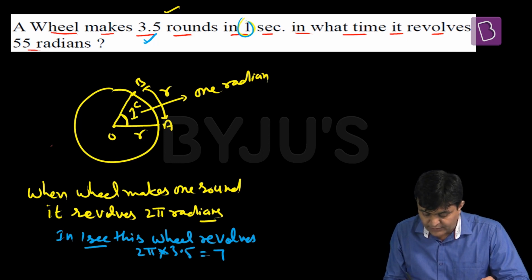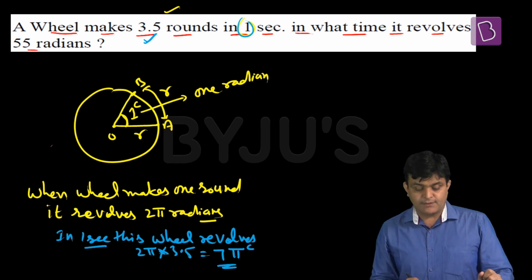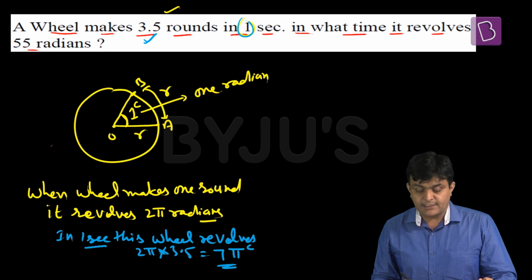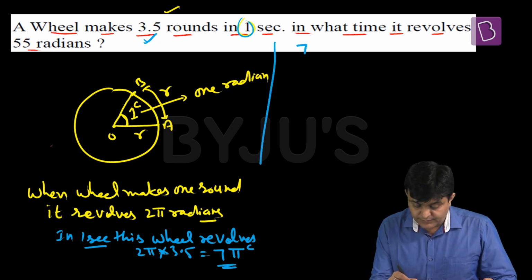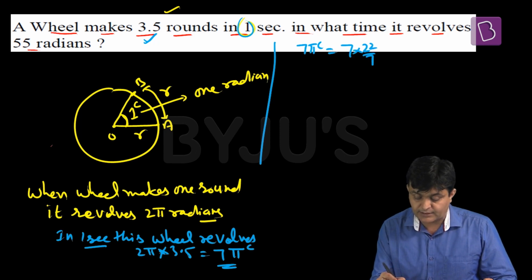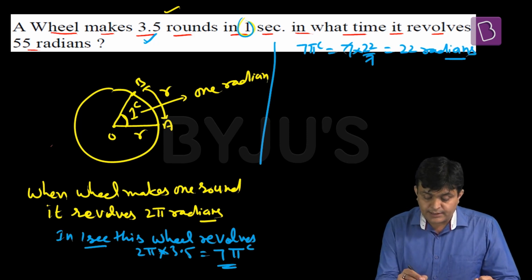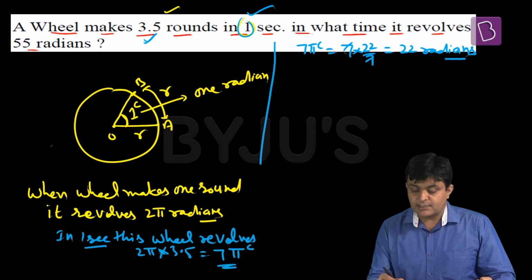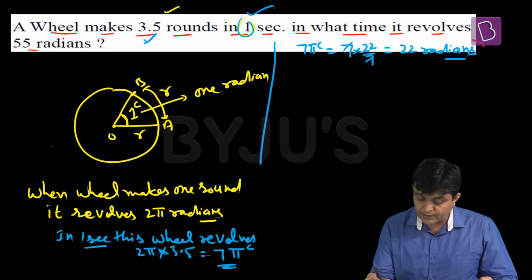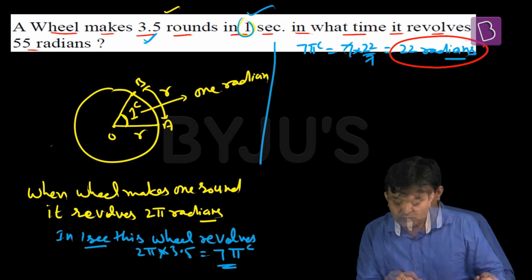That means 7 pi radians, right? Now 7 pi radians is equal to 7 into 22 by 7. That means 22 radians.